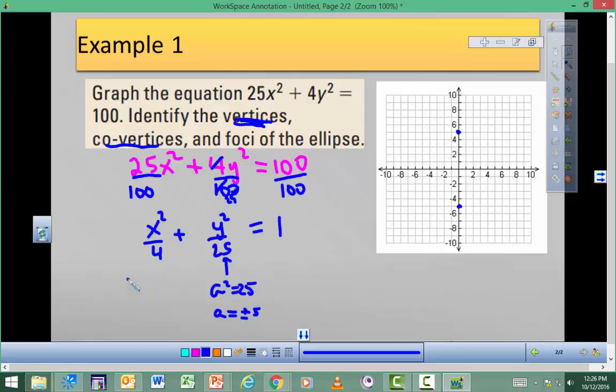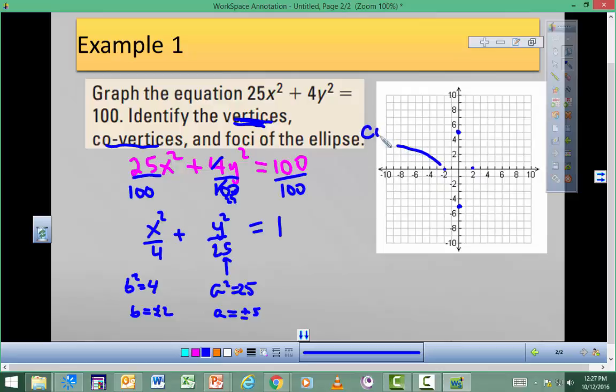Now you can do the same thing over here. If this is b squared, then b is equal to plus or minus 2. So then you put this 2 here and this here. These are called the co-vertices. It's on the minor axis.